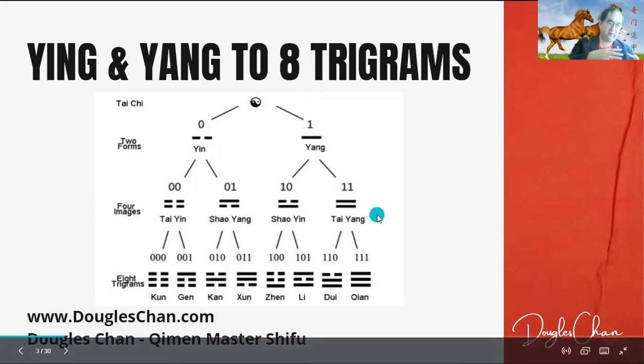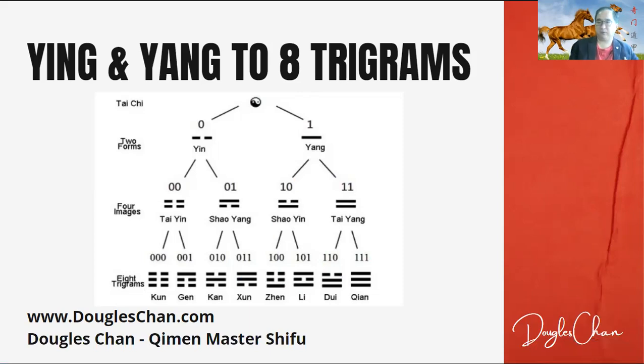Don't worry about all these symbols. As we go along in this lesson, we will define every one of them to understand the characteristics of these particular trigrams. In Chinese, these 8 trigrams we also call Ba Gua.